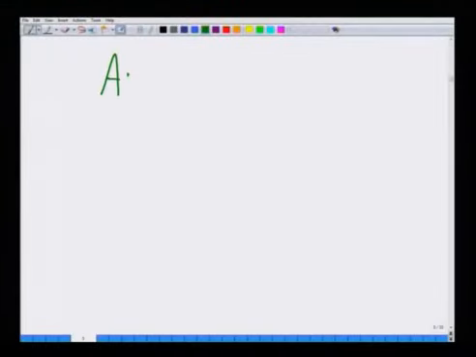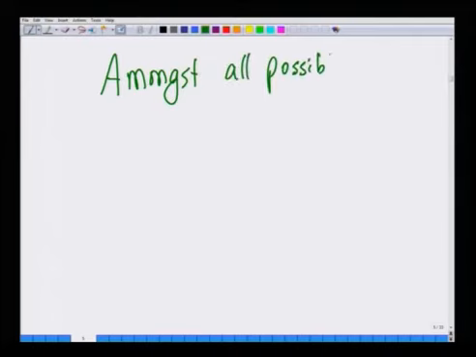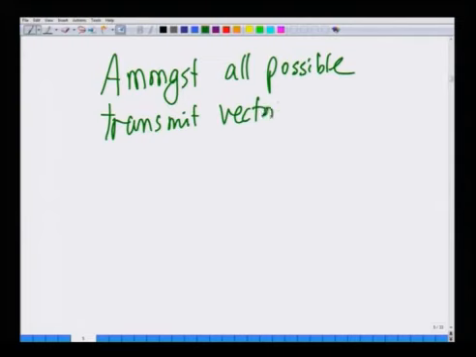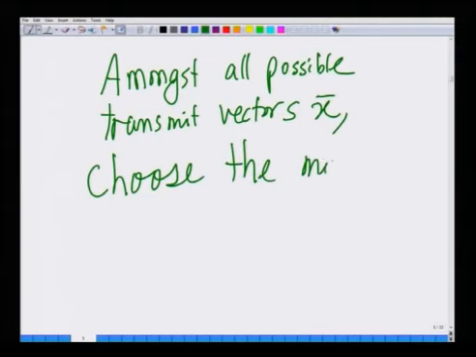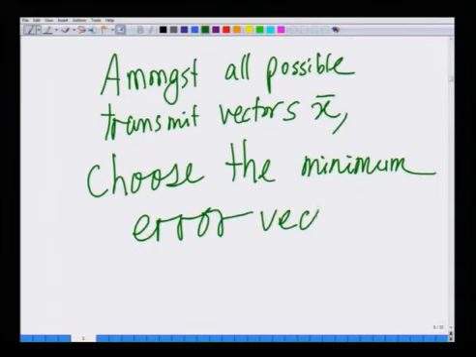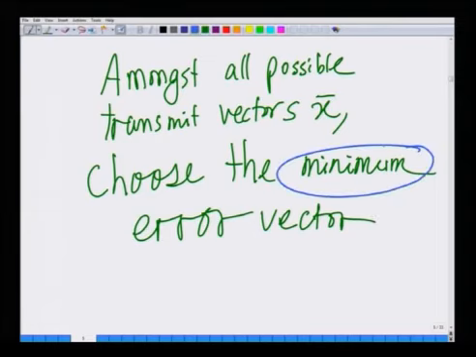So, amongst all possible transmit vectors x bar, choose the minimum error vector, and the keyword here is minimum.